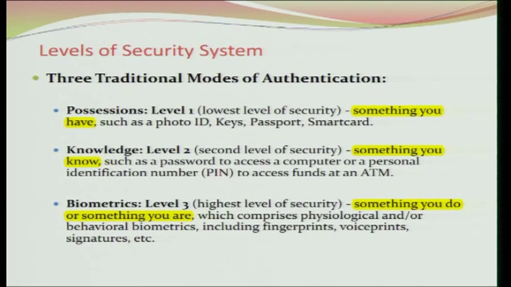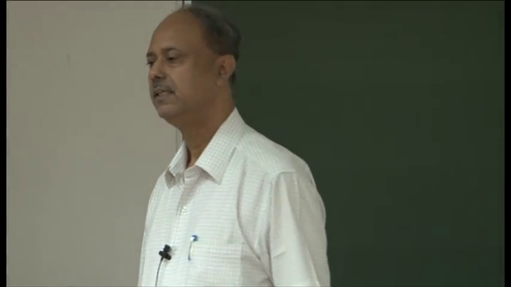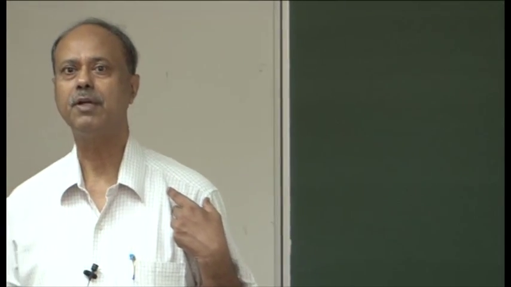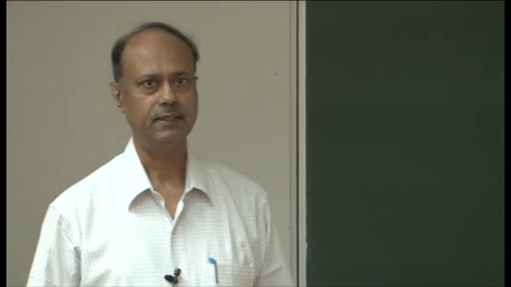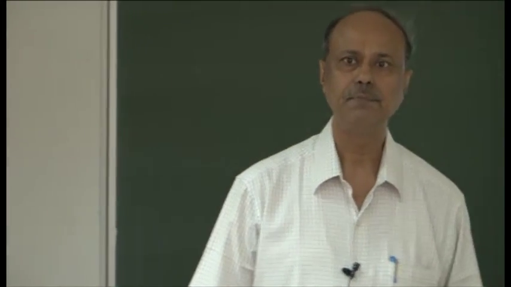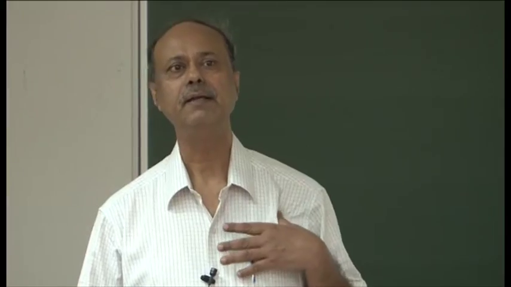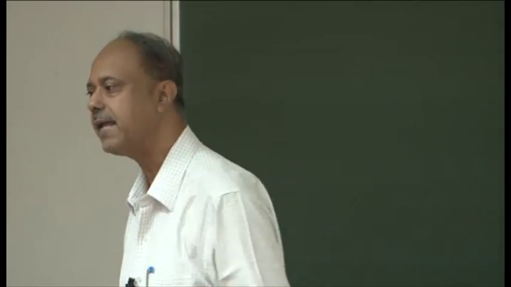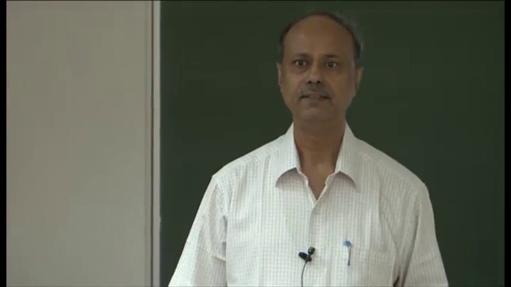The next, level 2, is knowledge, whatever you can keep in your memory. The simple thing is your roll number, which is a 6 digit number, or an ATM pin, which is a 4 digit number, and my payroll number, which is a 4 digit number. These numbers, the roll number, my PF number, I can guess because they are given serially.